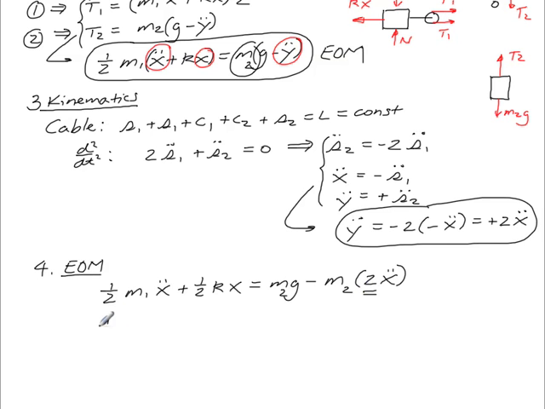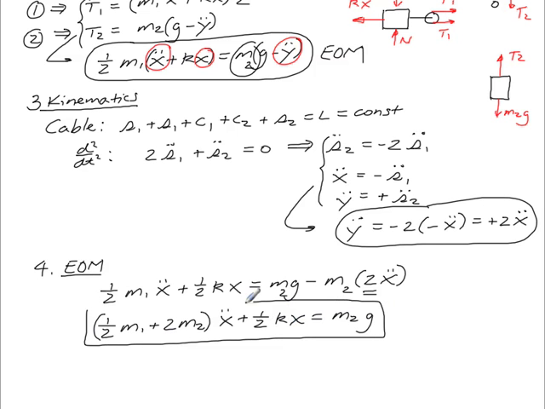So what I have is 1/2 m1 plus 2m2 times x double dot plus 1/2 kx is equal to m2g. That gives us our equation of motion as desired in terms of x. Recall that x was measured from the unstretched state. That's how we were able to come up with the forces.